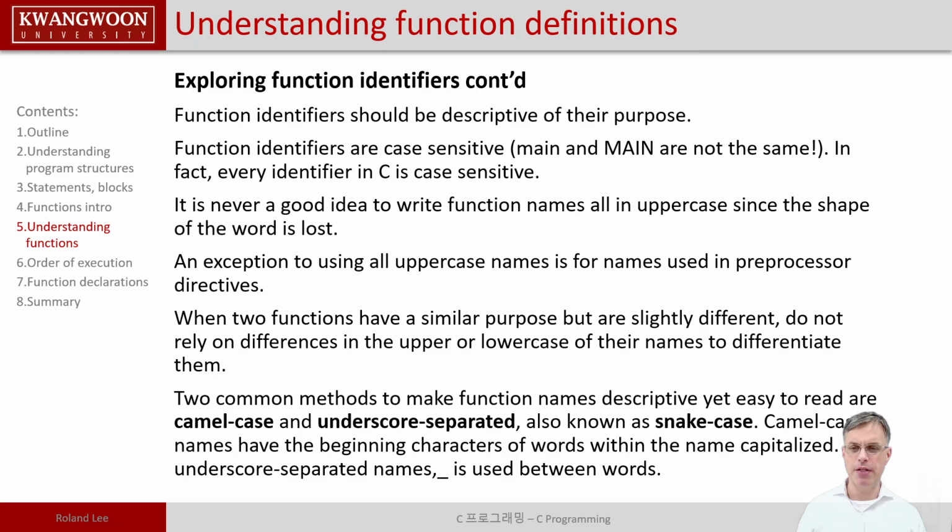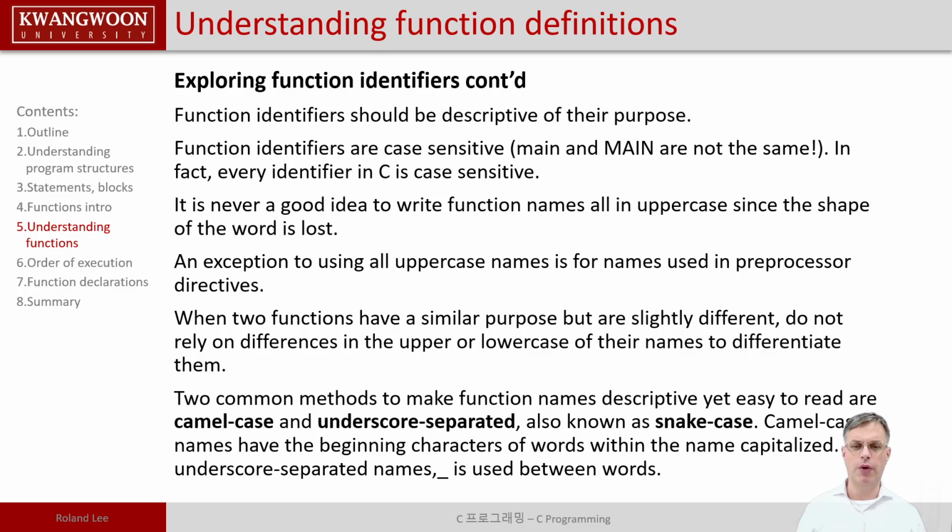Two common methods to make function names descriptive yet easy to read are camel case and underscore separated, also known as snake case. Camel case names have the beginning characters of words within the name capitalized.